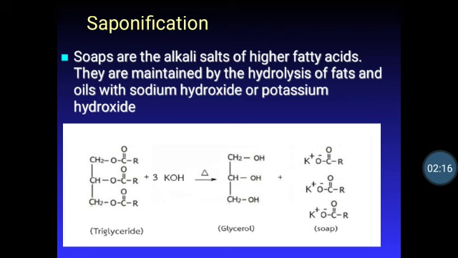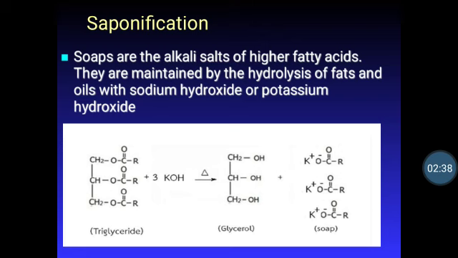So on the right side of the equation, what do we get? Glycerol, and in addition to this, we have 3 fatty acids, each bound with potassium. So we have to take 3 potassium hydroxide molecules. This potassium will bind with fatty acid, and the fatty acid is negatively charged.